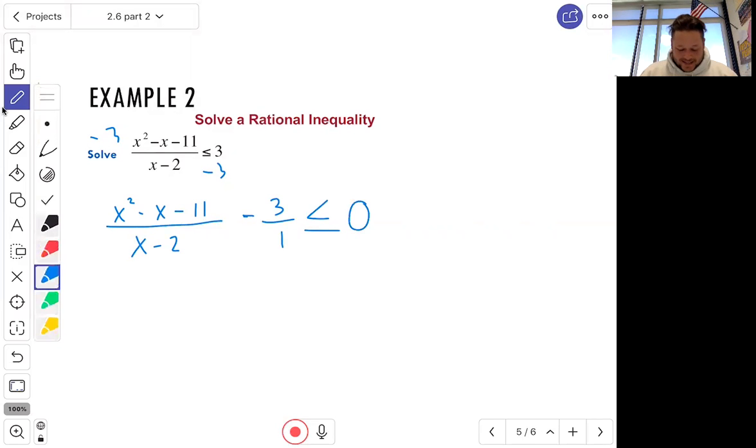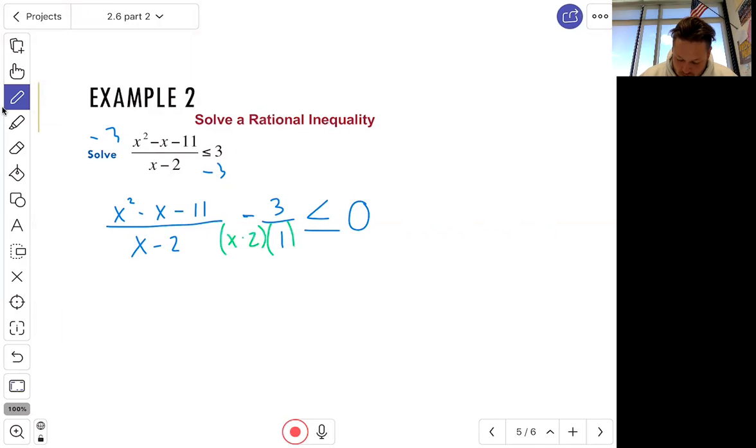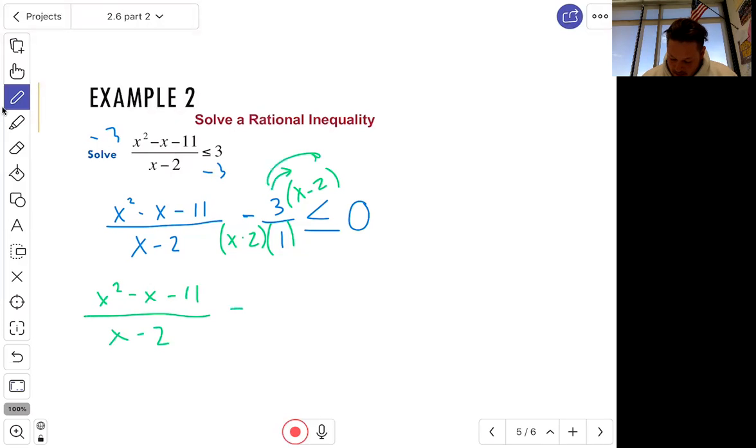Same thing as before, I need a common denominator, so I'm going to multiply this side by x minus 2. What you do to the bottom, you do to the top. And so now I'm left with x squared minus x minus 11 over x minus 2. We're going to distribute here, so minus, and this is going to be 3x minus 6 over x minus 2.